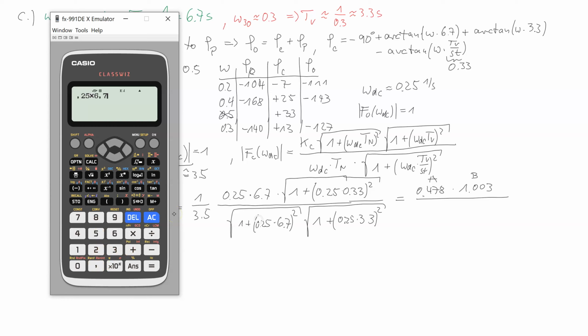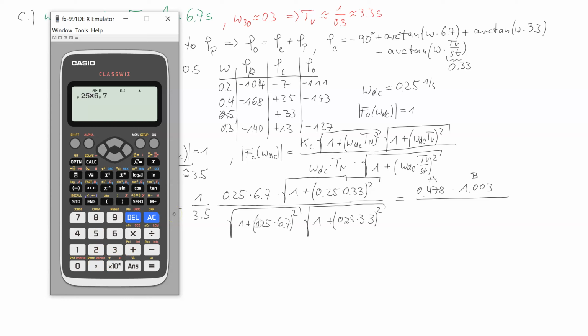Now 6.7 is this, squared is this, plus 1 is this, square root of the answer is this, so this is 1.95. Let's store in C.